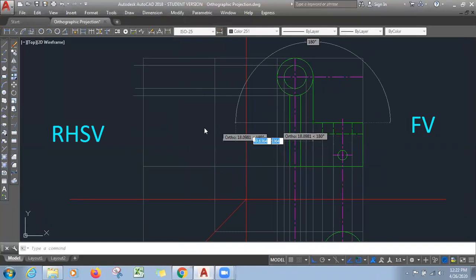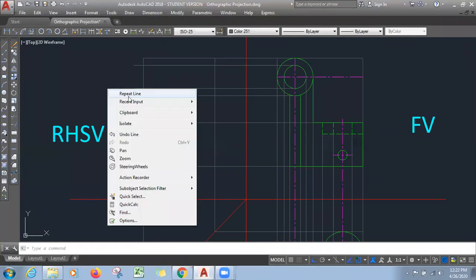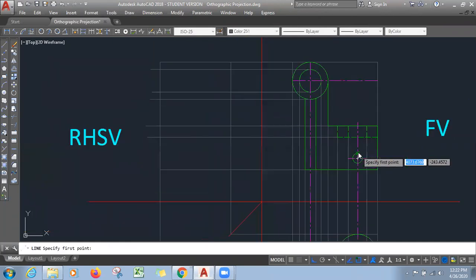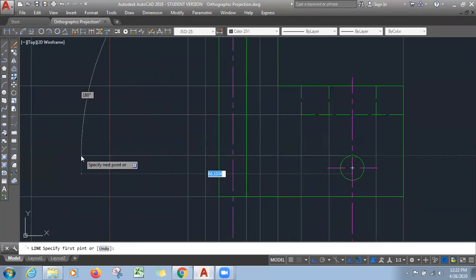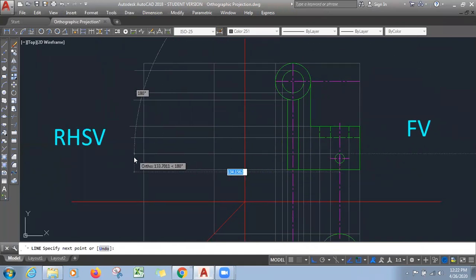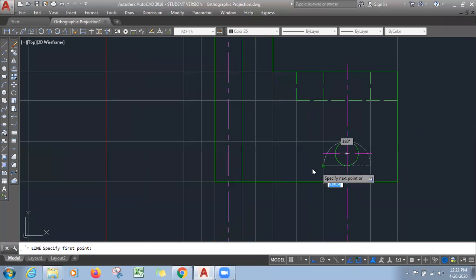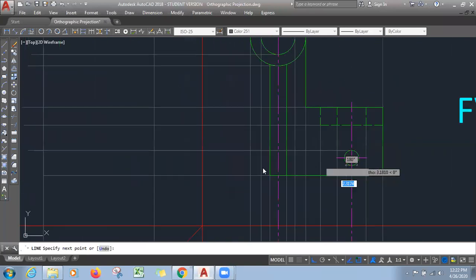Repeat from this level, repeat of the circular portion, then from this level, from this level.